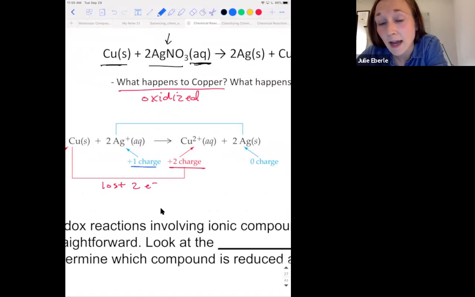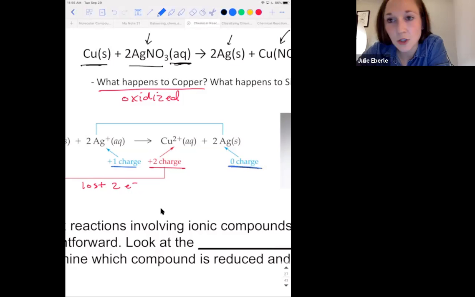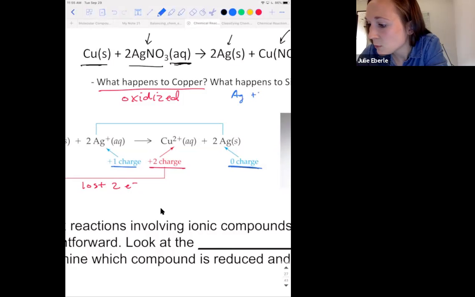On the product side, silver is by itself, and anything by itself in its elemental state, in its natural pure form, has a charge of 0. So over here, I'll do it in blue, it's got 0 charge. So it went from +1 to 0. Silver goes from +1 to 0, and copper went from 0 to +2.